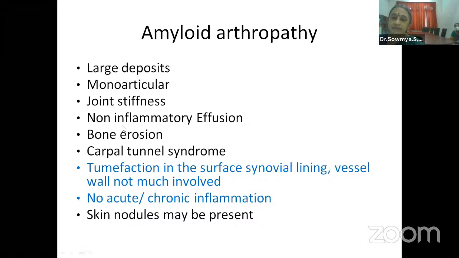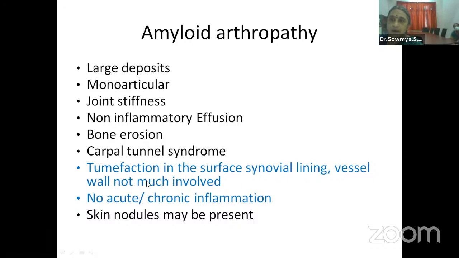So many authors have documented only a non-inflammatory effusion, and it can present with bone erosion, and the most common presentation will be carpal tunnel syndrome. So here you will see tumefaction in the surface synovial lining, and the basal wall is not much involved. So this differentiates it from the primary amyloidosis.